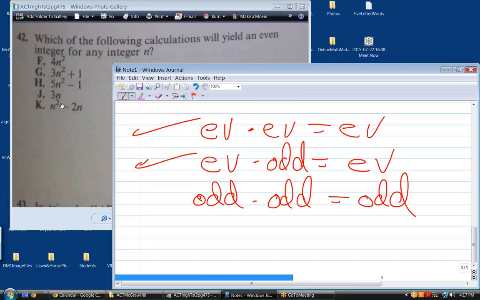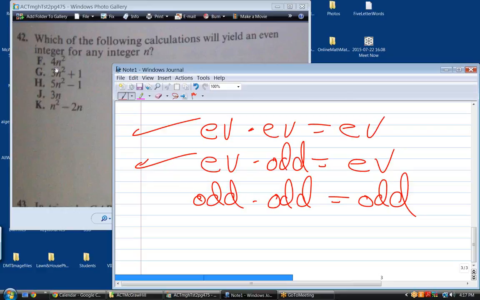This is only even if n is even. So the only one that is always even is this one right here. And if you're taking the test, because this is a time test, and time is critical, once you decide that F is the answer, in other words, no matter whether n is even or odd, 4n squared is even, you're done.